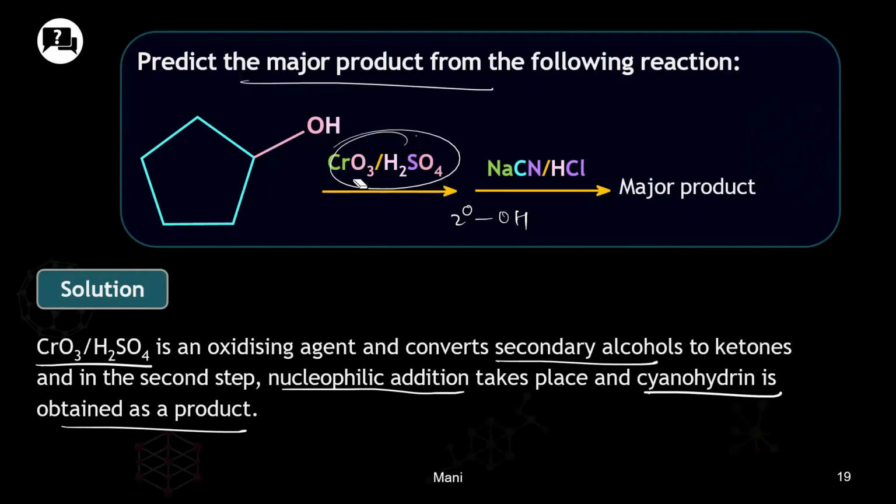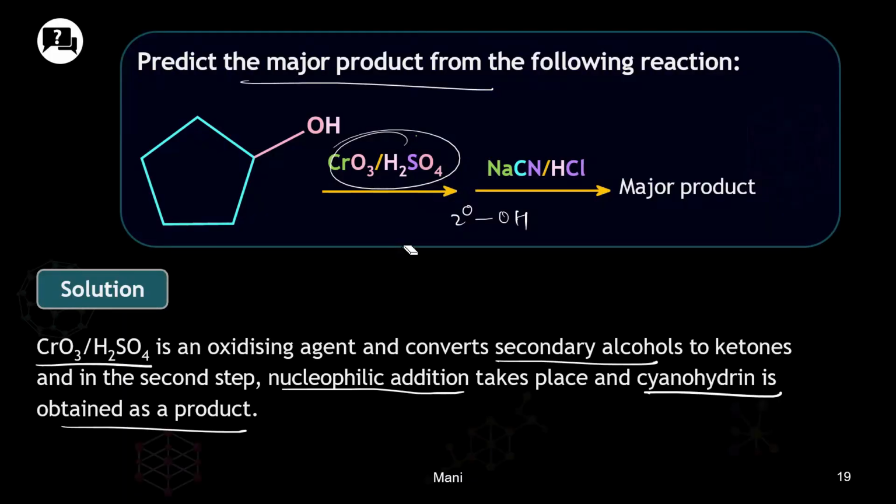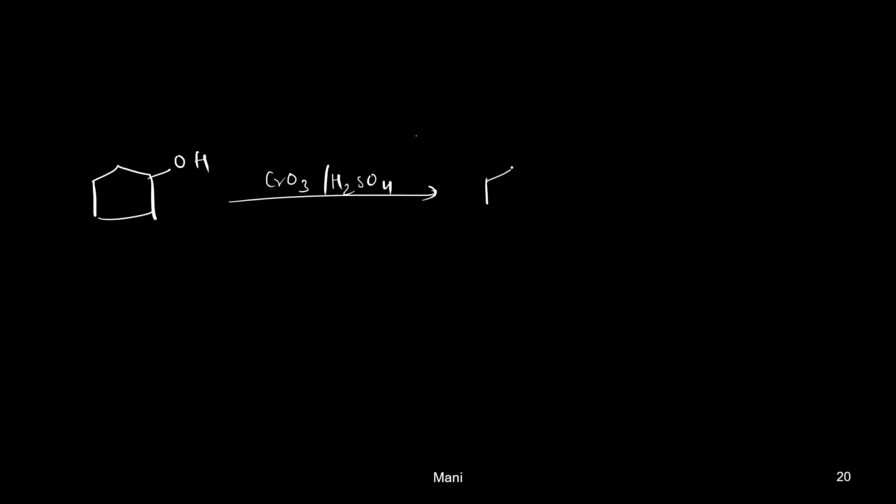First, suppose you take the alcohol. This alcohol in the presence of CrO3 and H2SO4 will convert into a ketone. So in place of OH, it will convert into a double bond O. This is a ketone.